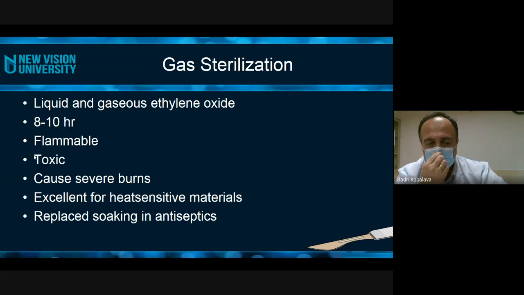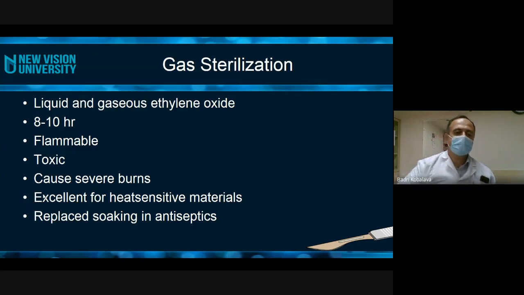That's why it needs several minutes after the sterilization to evaporate all the ethylene oxide from equipment before use to avoid toxic effect. If this fluid gets on skin surfaces, it can irritate or cause chemical burns.